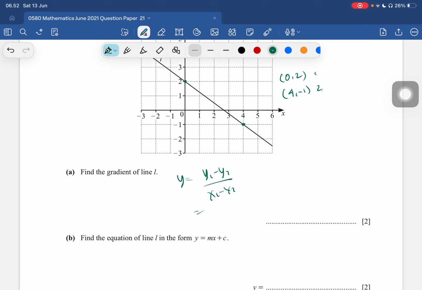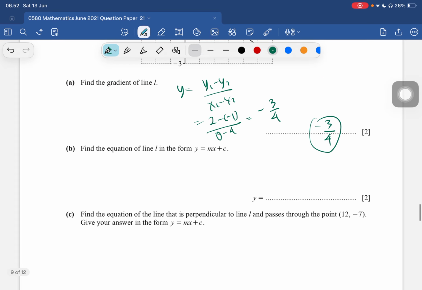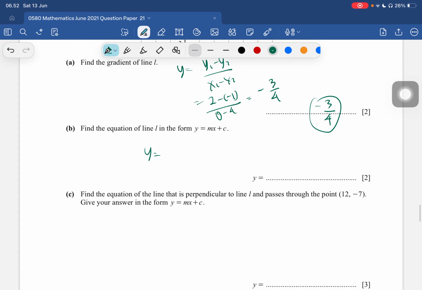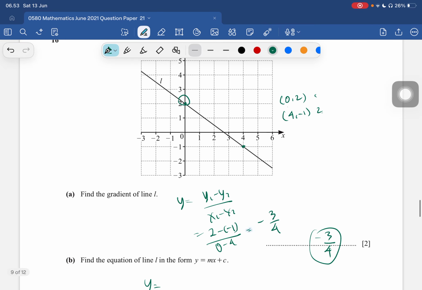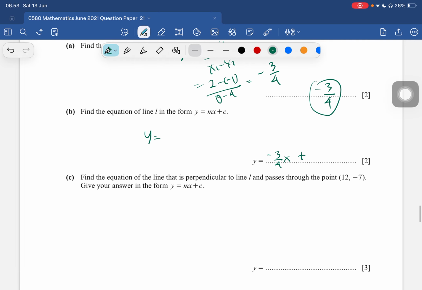So y1 is 2 minus minus 1, divided by 0 minus 4. So we got negative 3 over 4. Now find the equation of the line. The gradient is negative 3 over 4, so y equals negative 3 over 4 x, and the y-intercept is plus 2.